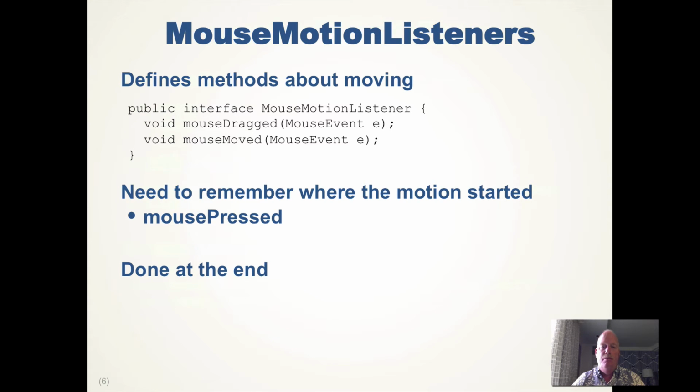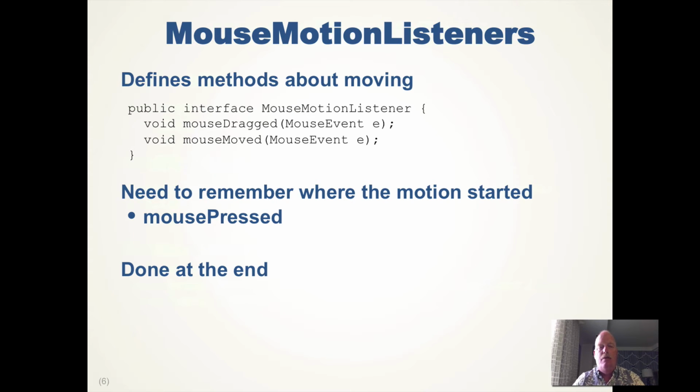There's also a MouseMotionListener that allows you to detect when the mouse is dragged and moved. Notice it's in the past tense, so if you're going to do drags, you need to remember things by attaching to mouse pressed, saying I'm going to remember where the drag started, because mouseDragged is going to be executed when the drag event ends.